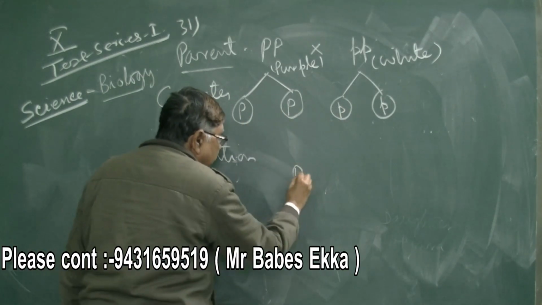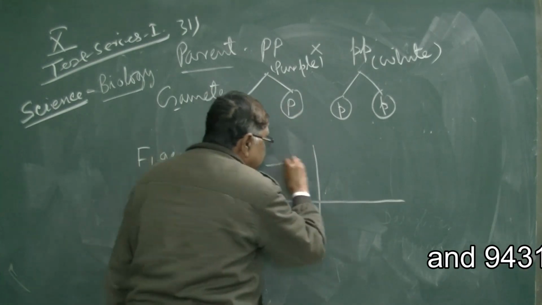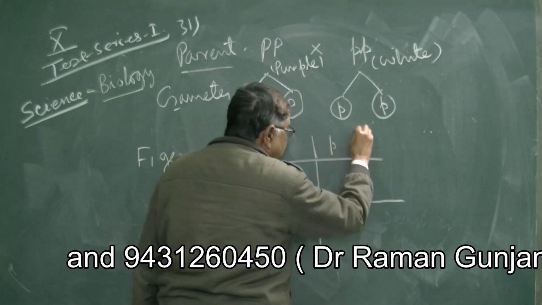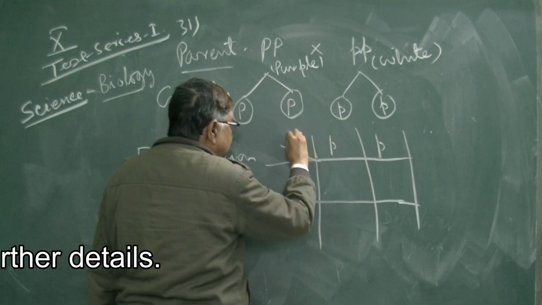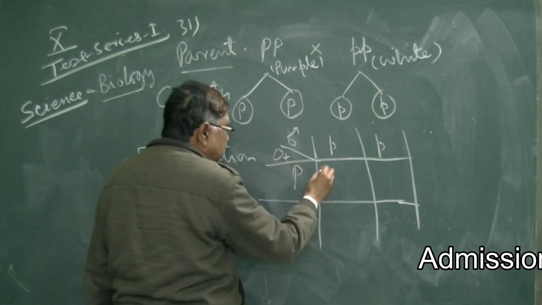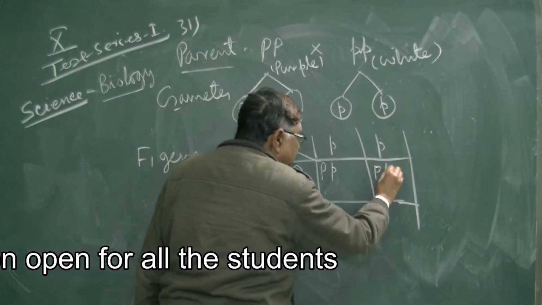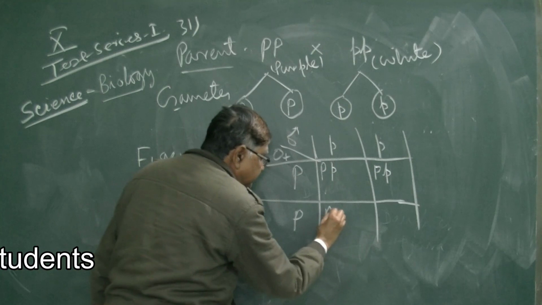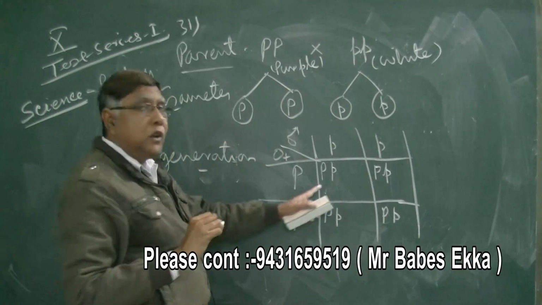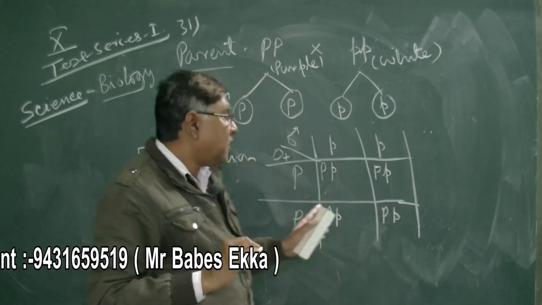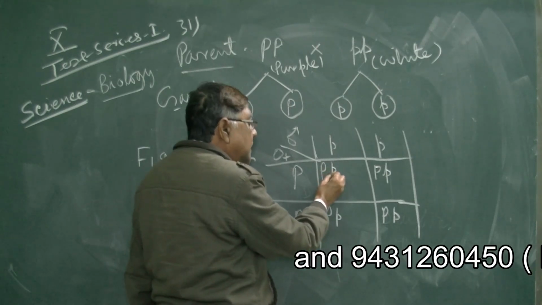So according to the Punnett square, we will put one gamete on one side, another gamete on another side of the square, like this. Consider this one male symbol, this one female symbol. Capital P, small p, capital P, small p. So here the law of dominance follows, and according to the law of dominance, the capital P, that is purple, dominates over white.